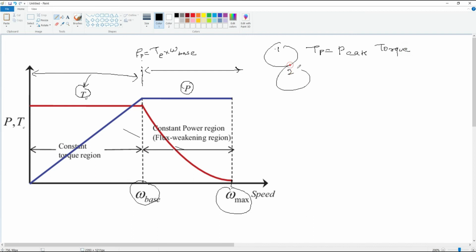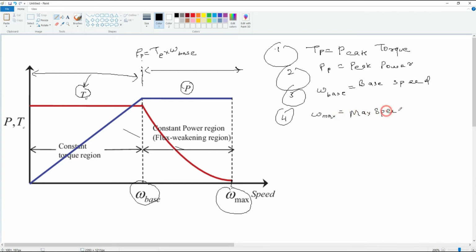Then second variable is peak power. Third variable is base speed. And fourth is omega max, max speed or max RPM.